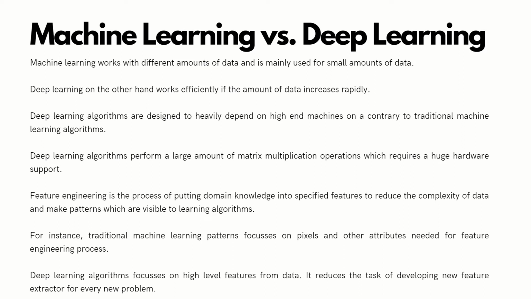Let's say, for example, when we talk about traditional machine learning. Traditional machine learning particularly focuses on pixels and other attributes which are required for feature engineering. Feature engineering is there in machine learning as well, but it happens on the basis of pixels and other smaller attributes.